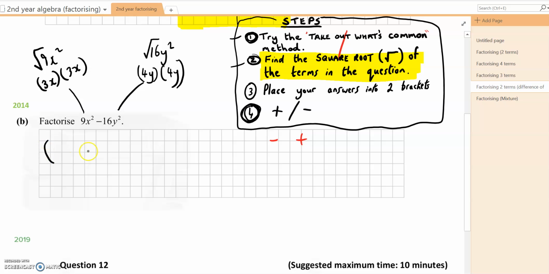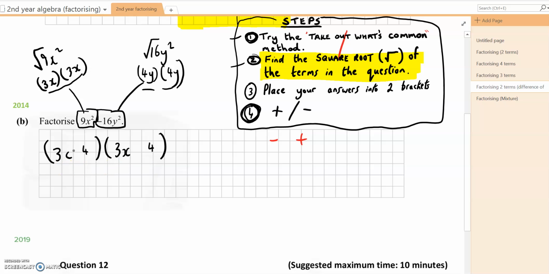So now we put down our brackets, two big brackets, and the first part comes from the first term, so it'll be 3x and 3x. And the second parts come from the second term's roots, so 4y and 4y. Then we finish it all off by putting the signs in.